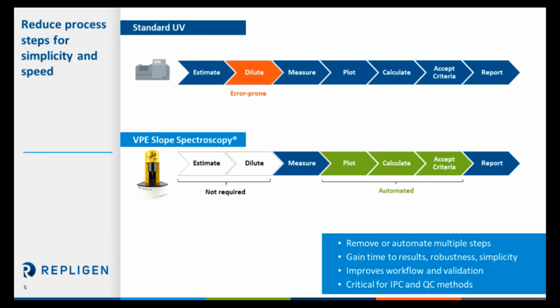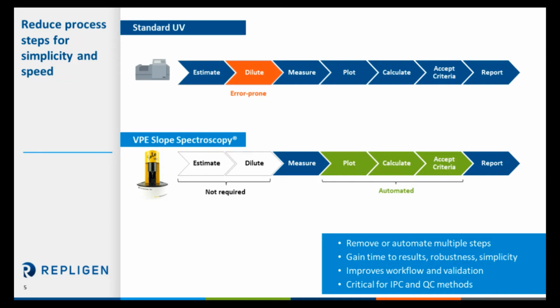Our approach using slope spectroscopy eliminates the majority of this process flow, where estimation and dilution are no longer required. Plot calculating and acceptance criteria are completely automated. So we've essentially turned this process into a measure and report scenario. So it removes and automates multiple steps.